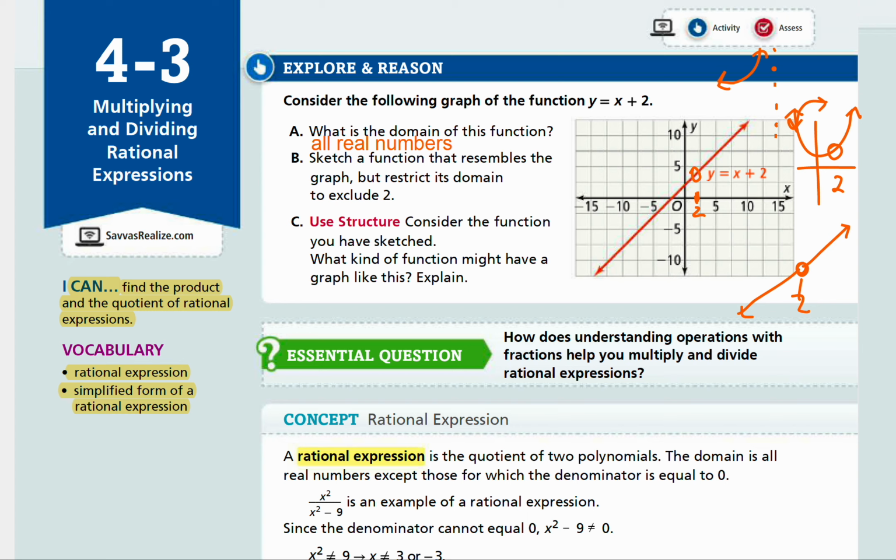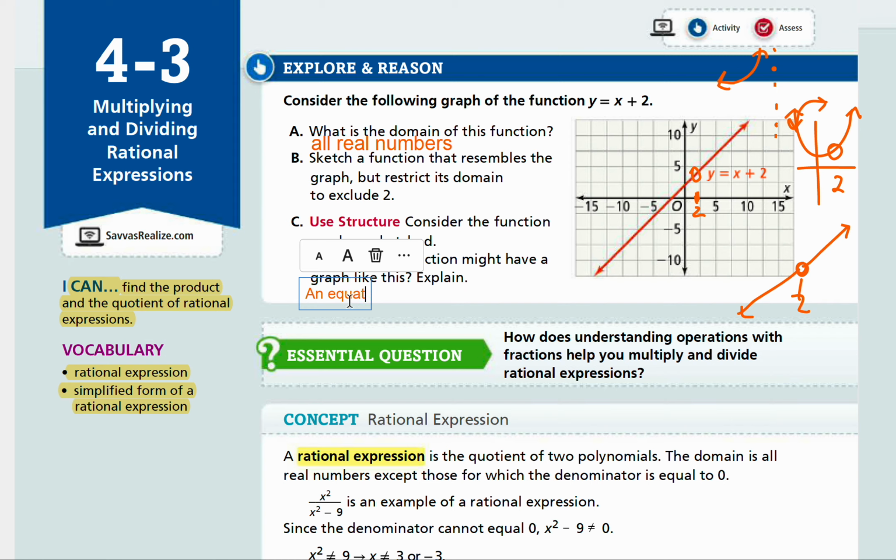So there could be other functions that have the same domain or very similar domain. For example, if we're thinking about rational functions, we can have rational functions that have a denominator that equals 0 when x is equal to 2, right? So think of an equation where the denominator equals 0 when x is equal to 2.